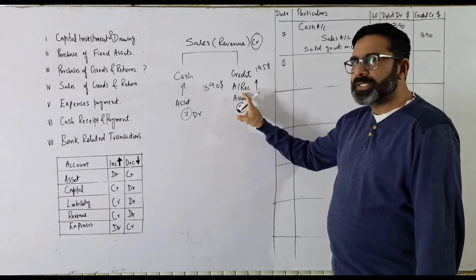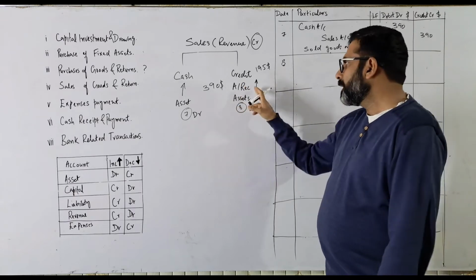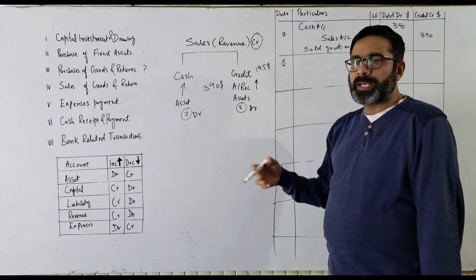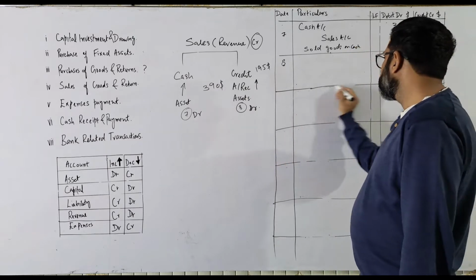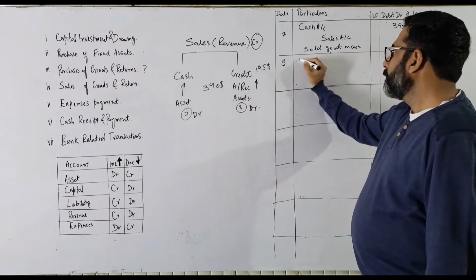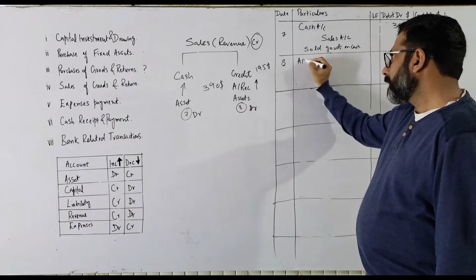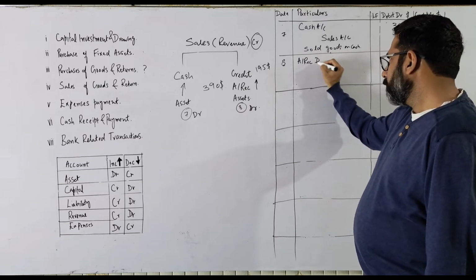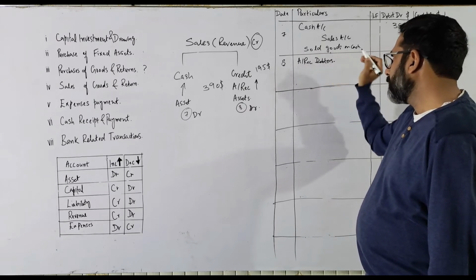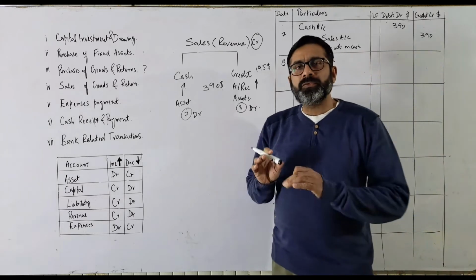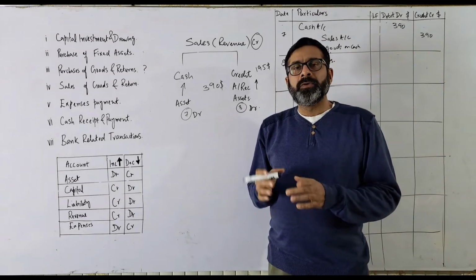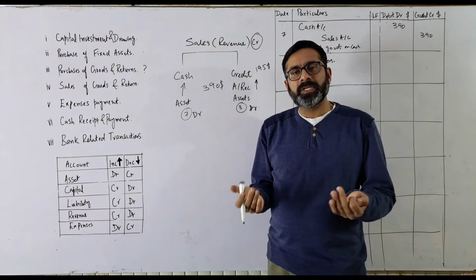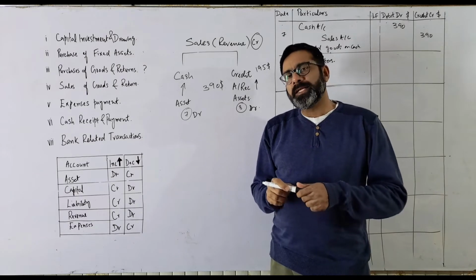So it is a receivable or account receivable for the business, or what we say in accounting terms, the debtor. So here we will write not the cash but the account receivable, or we say it is a debtor. Here we have to mention who is the customer, from whom we have to receive the money, just for record purposes, because there are so many customers.